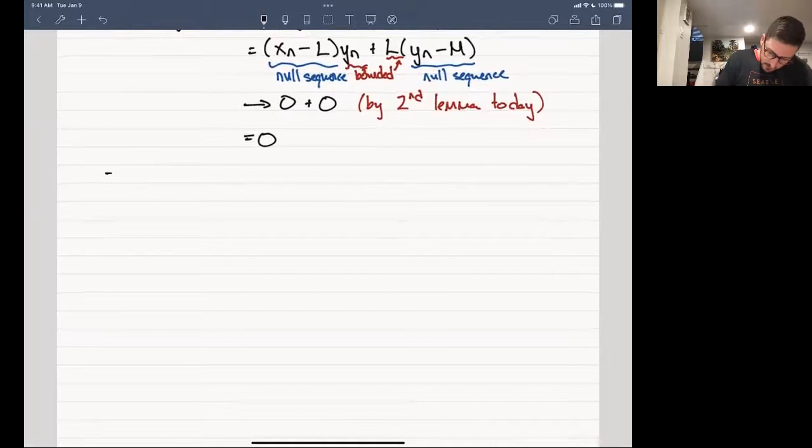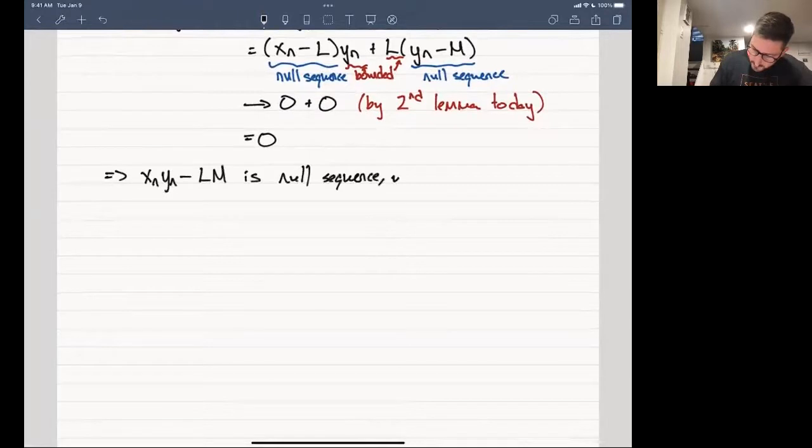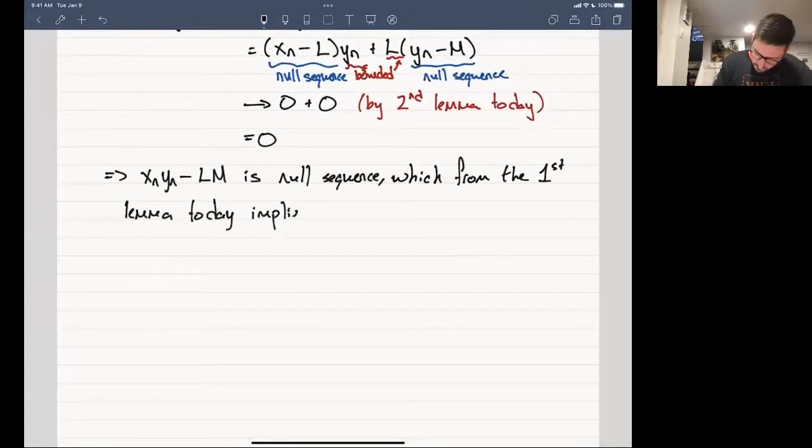But this tells me that xn yn minus Lm is a null sequence, which from the first lemma today implies xn yn goes to L times m.